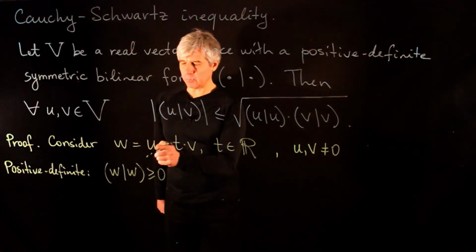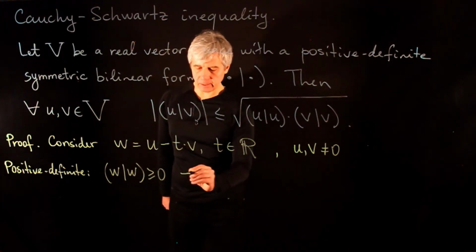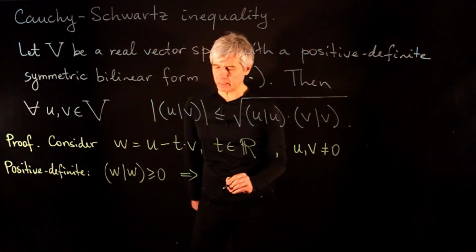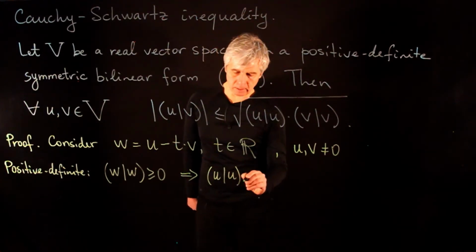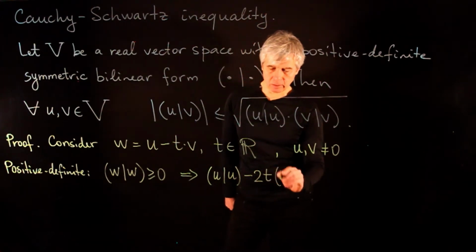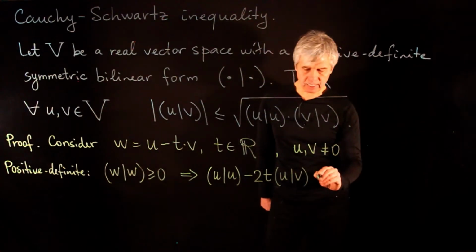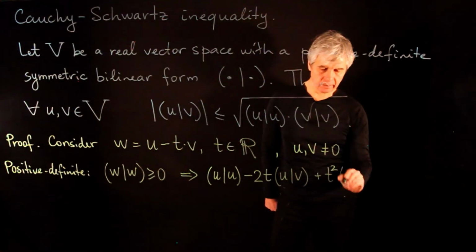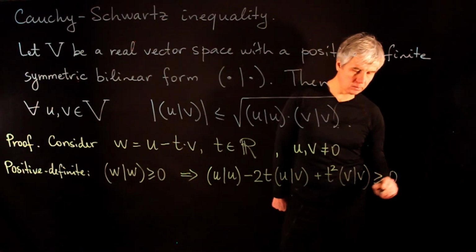But now, if we substitute this expression for w and expand it, then what we're going to get is that (u, u) minus 2t (u, v) plus t squared (v, v) is greater or equal to 0.